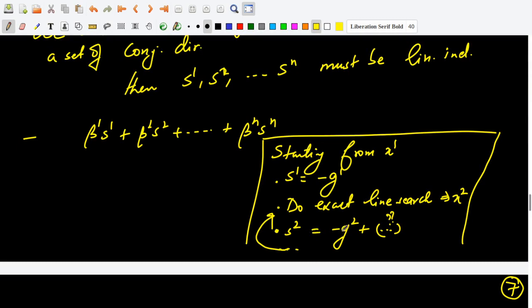The motivation for finding this S2 is coming from conjugate directions, which makes sure that at least when the function is a positive definite quadratic, we should be able to converge in a fixed number of steps, not in the limit, not when we do many iterations like in steepest descent, but in n iterations for a quadratic with positive definite Hessian, and then I can use that method for more general functions as well.